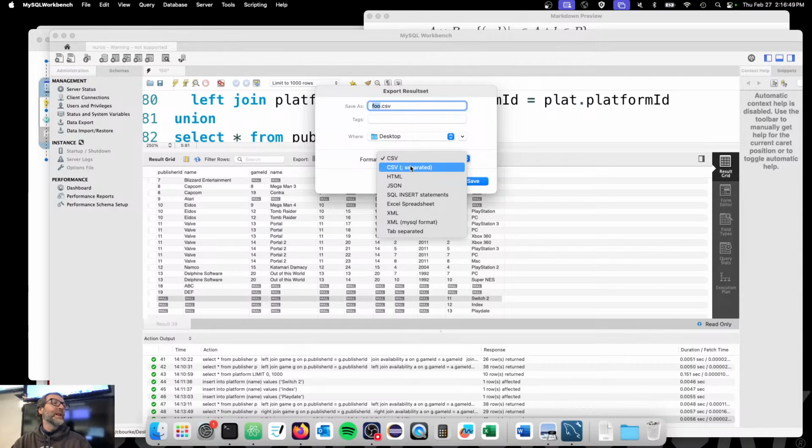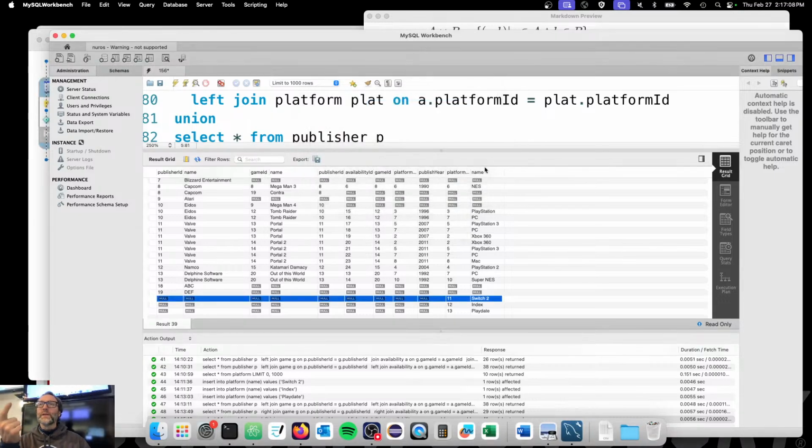Why would it be CSV? It'd be semicolon S. SSV? Semicolon separated value? I don't know why they call it CSV. Separated with the semicolon is what I assume that means. Or you can do an Excel spreadsheet, et cetera, et cetera. These data models are pretty much universal. JSON, XML, CSV, SQL. Those are the ones you're always going to be dealing with your entire life.